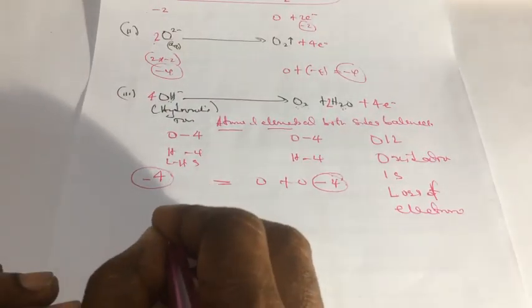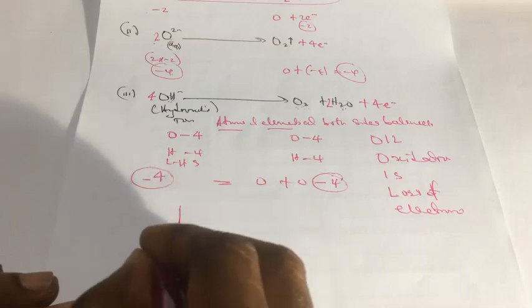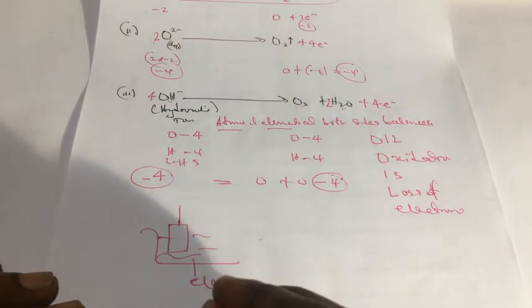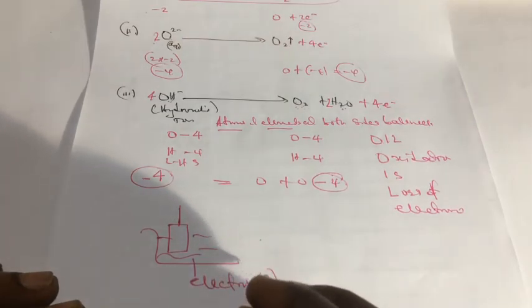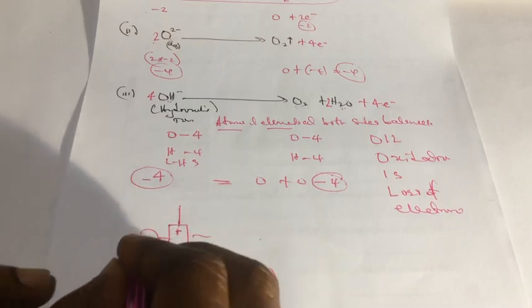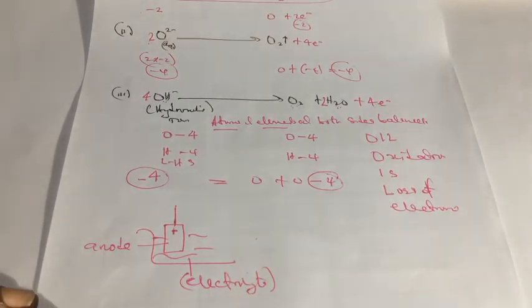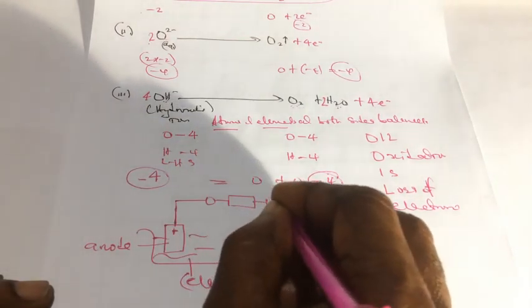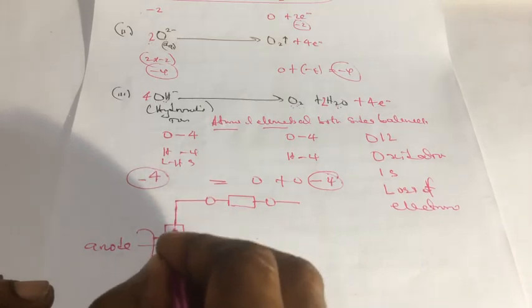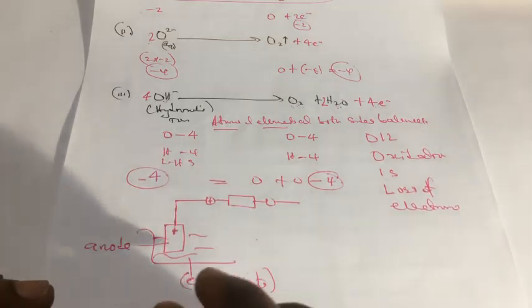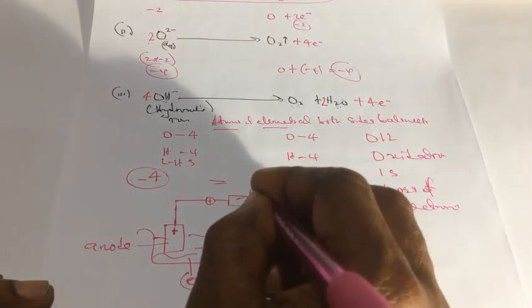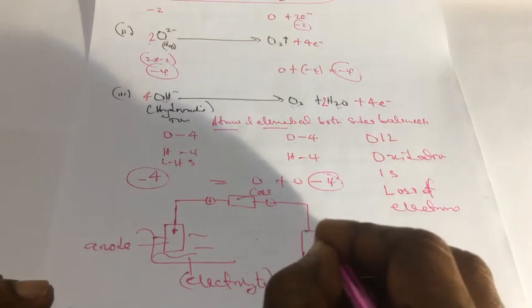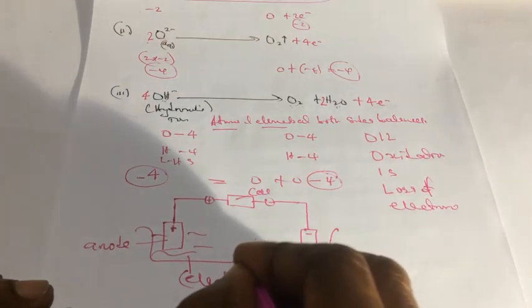We know that if you have this as your anode, and this is the electrolyte here, and you connect this electrode, the anode, to the positive terminal of the battery, or the cell, and the negative is connected to the other part, this is the cathode.